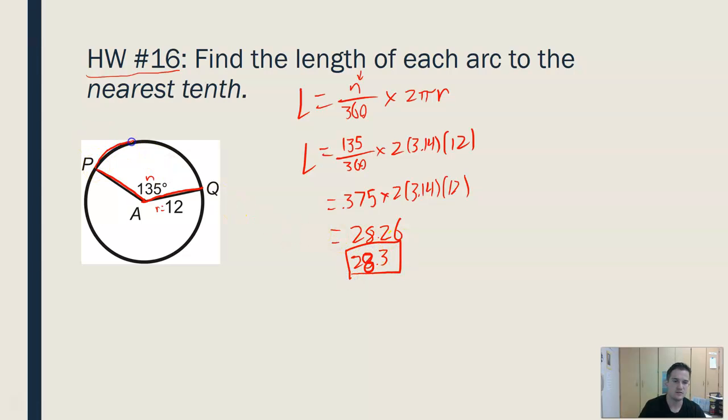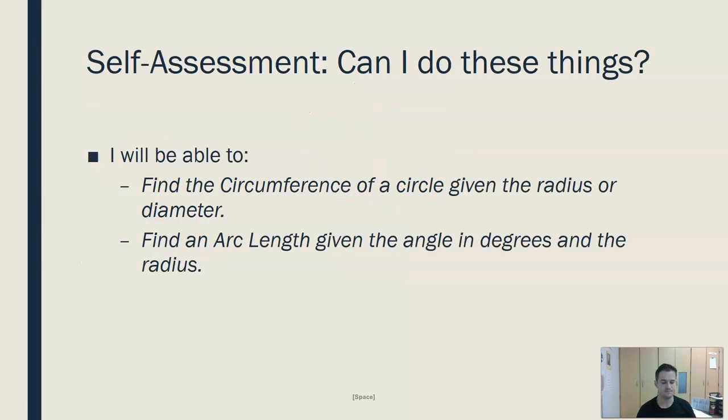So this distance right here is 0.375, or 37.5% of the whole circumference of the circle, which ends up being about 28.3, whether this is feet or centimeters or whatever they decided to measure it in.